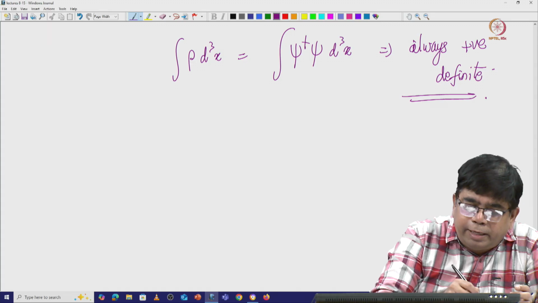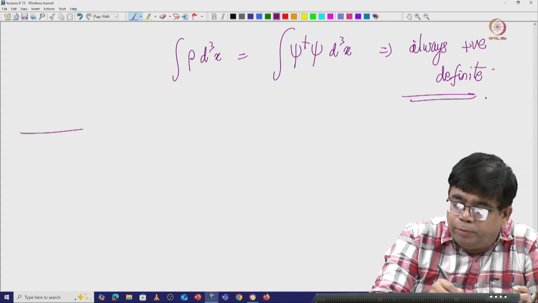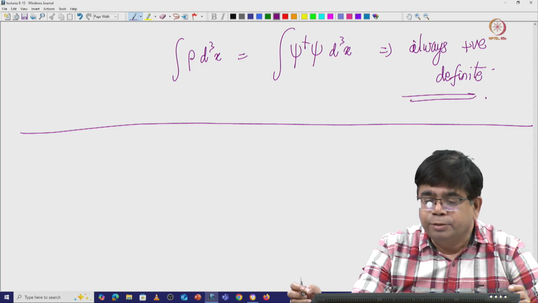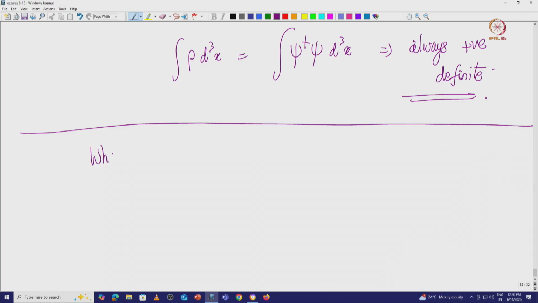So before doing that, I would like to introduce a little bit more about the Lorentz transformations. So what are spinors? I introduced you to a quantity called psi, whose upper two components are called positive energy solutions.